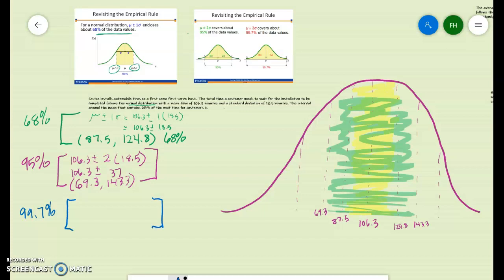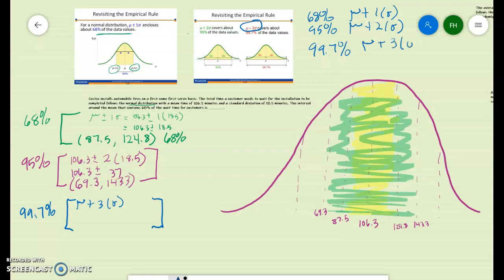So we're using our formula, mean plus and minus 3 times the standard deviation. The magical numbers here are 68% is 1 standard deviation, and then 95% is 2 standard deviations, and 99.7% is 3 standard deviations.